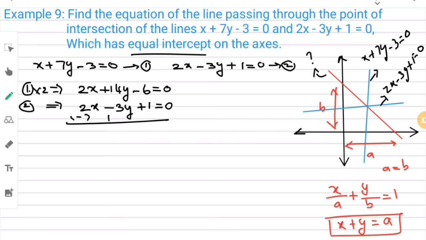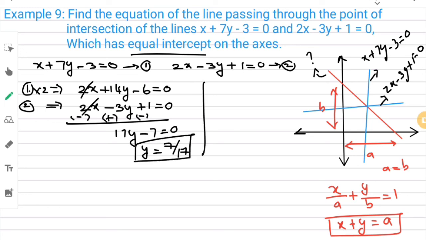Now I am going to change the sign, and this 2x will get cancelled. 14 plus 3 is 17y minus 7 is equal to 0. Therefore, y is equal to 7 by 17. Substitute y is equal to 7 by 17 in any one of the equations.